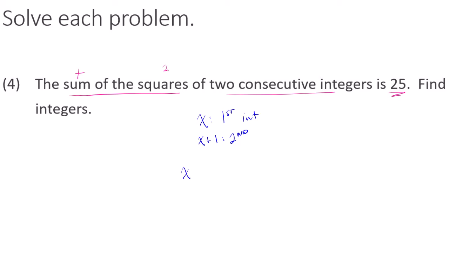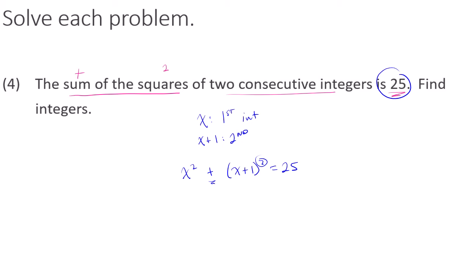I'm going to say x squared plus (x plus 1) squared equals 25. So the sum of the squares of two consecutive integers.